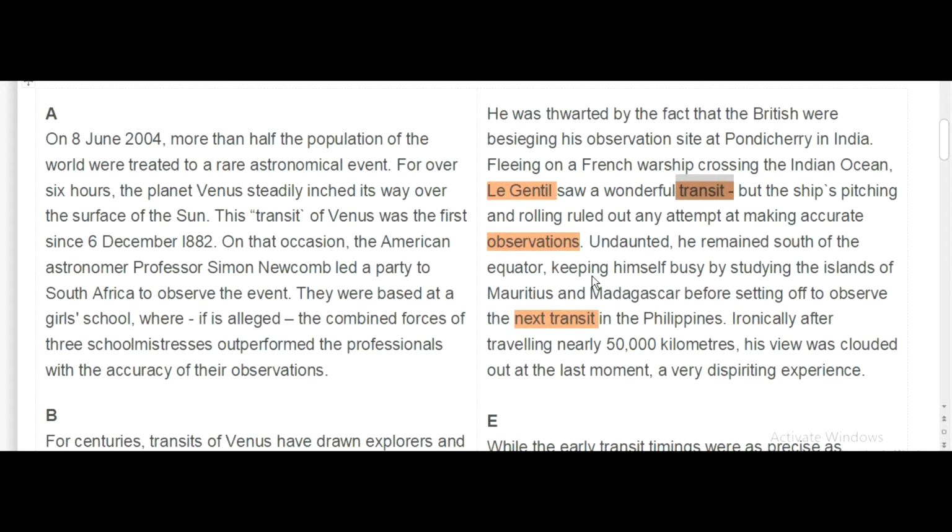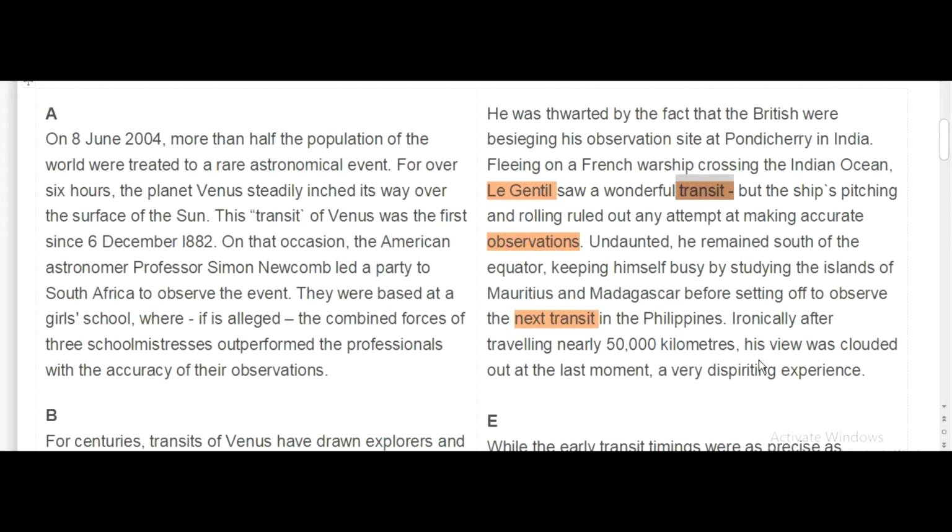So I want to keep reading on. Ironically, after traveling nearly 50,000 kilometers, his view was clouded out at the last moment, a very dispiriting experience. This is synonym language. He says that his view was clouded out at the last moment. What does it mean? It means when he looked up in the sky, he couldn't see it.